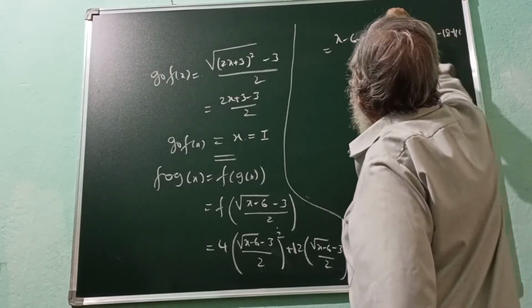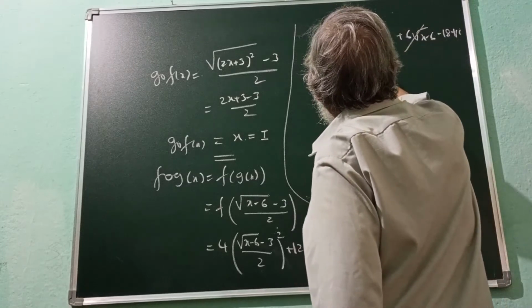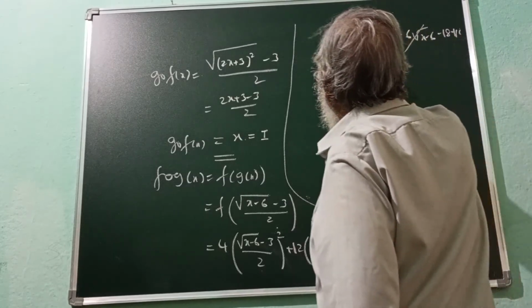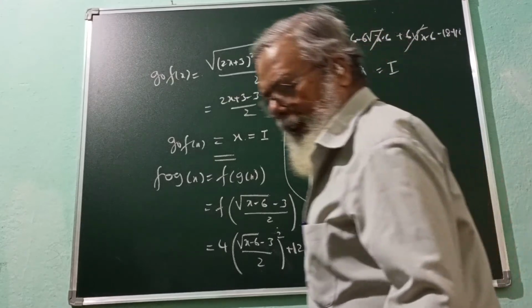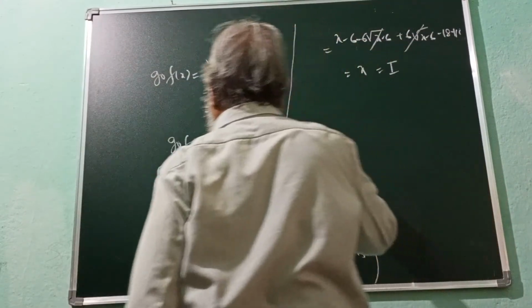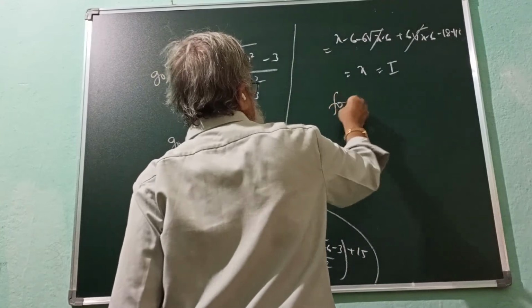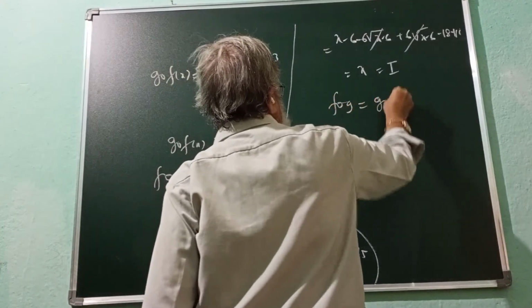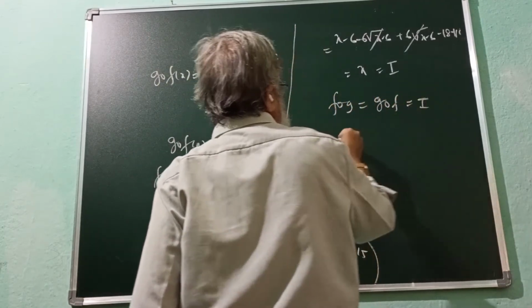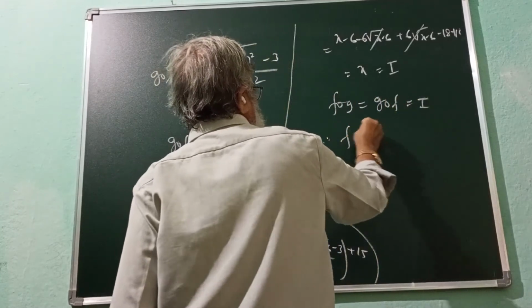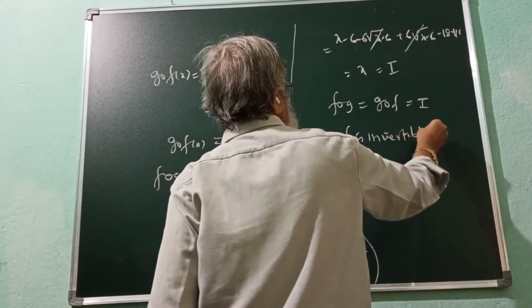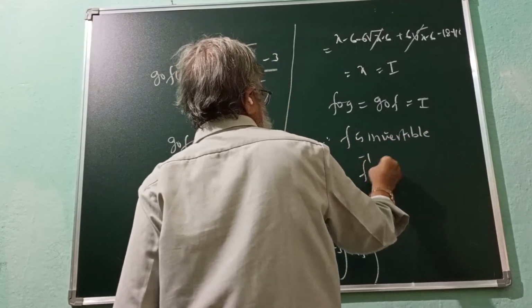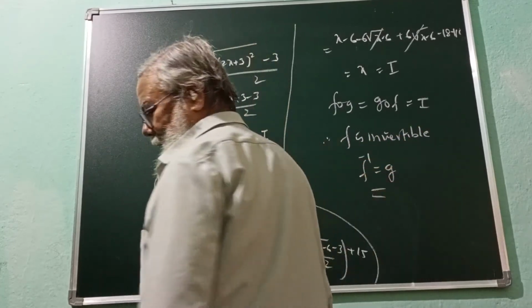These two terms get cancelled. Now you can see totally this will be x, that is nothing but I. Therefore we can write f composition g is equal to g composition f is equal to I. Therefore f is invertible, and inverse of f is given by g.